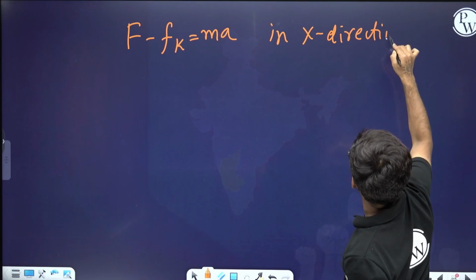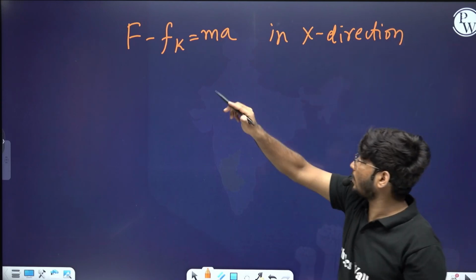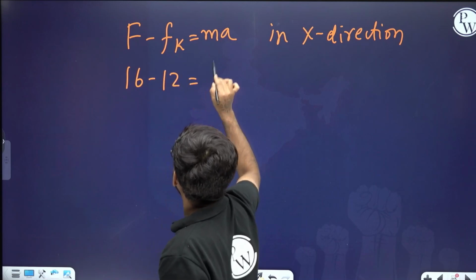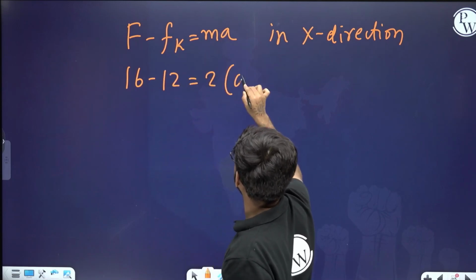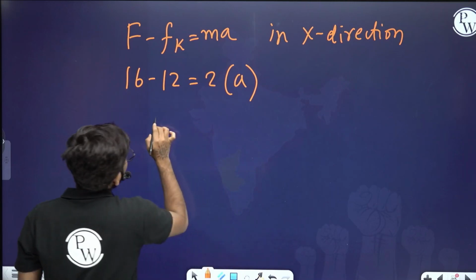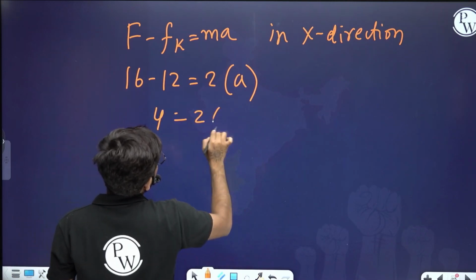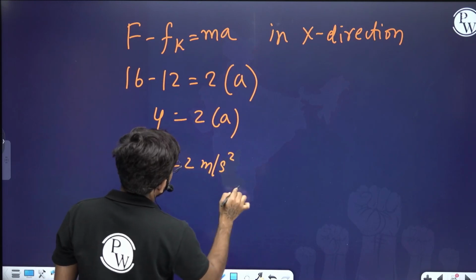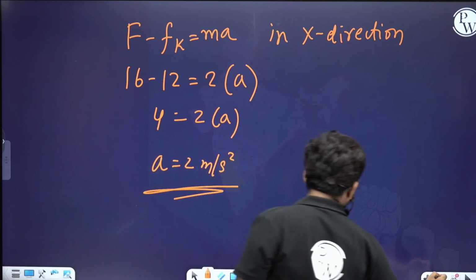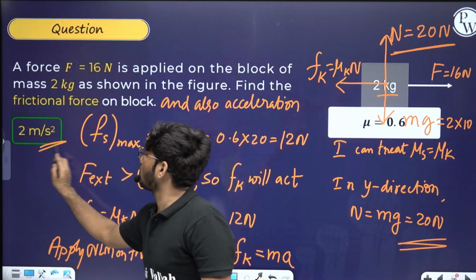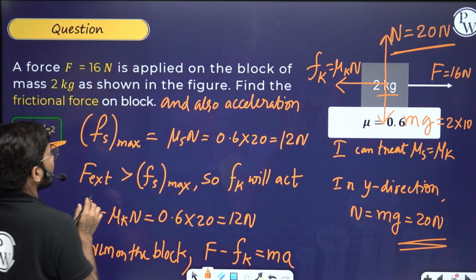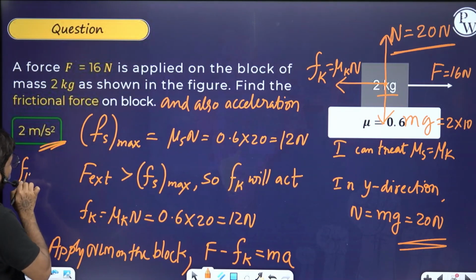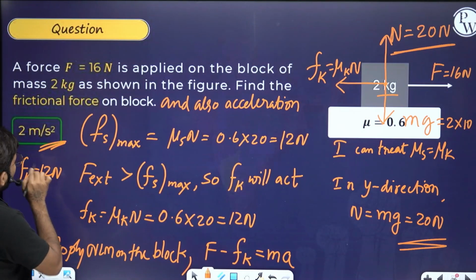In the y direction the block is in equilibrium. So F external 16 minus Fk, which is 12, equals mass 2 kg into acceleration, which is not known. So 16 minus 12 is 4. So 2 into a. So acceleration is going to be 2 meter per second square. We calculated acceleration as 2 meter per second square. And for the frictional force, what type of friction is acting? Kinetic friction is acting. So kinetic friction is 12 Newton.